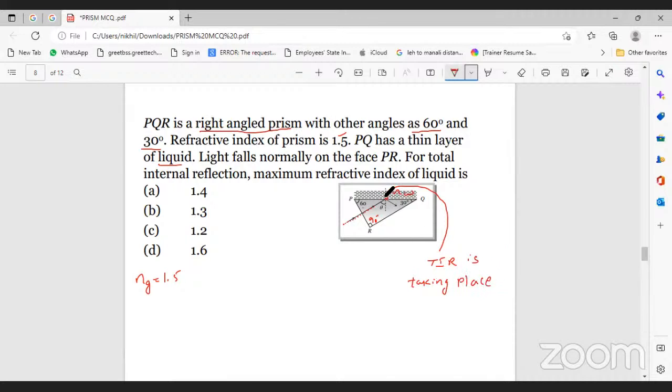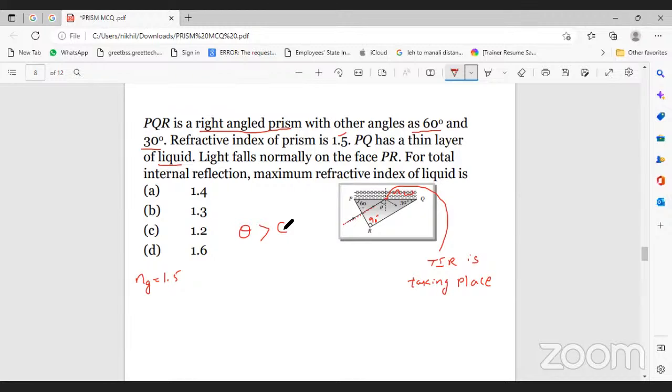Whenever the ray of light is incident here, it is not going into the liquid medium. It is coming back to the prism itself, right? So whatever the angle incident here, theta, can I conclude that theta should be more than the critical angle? Because at the angle theta, it is undergoing total internal reflection.